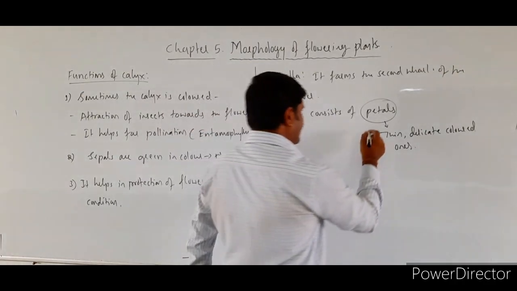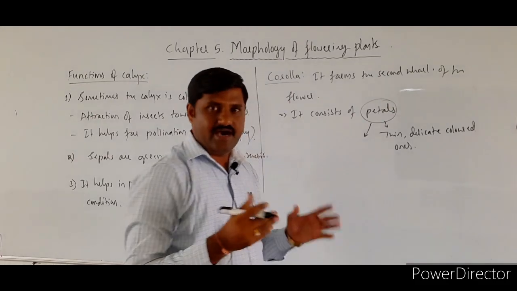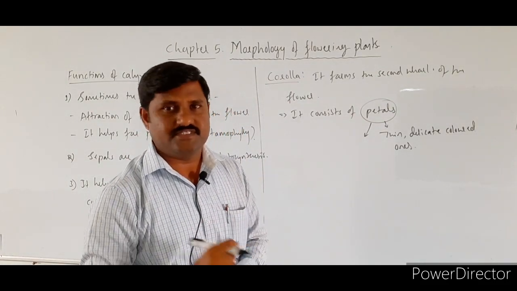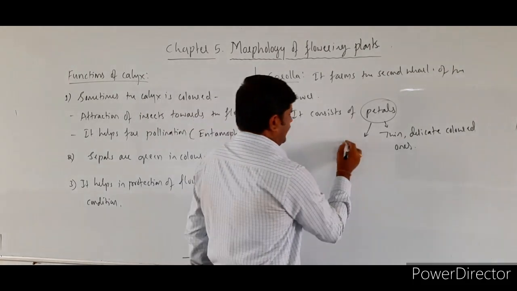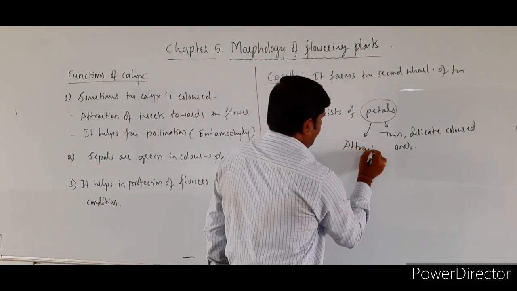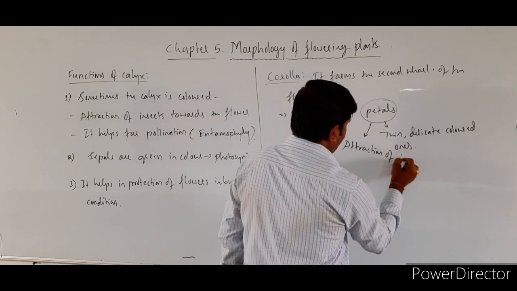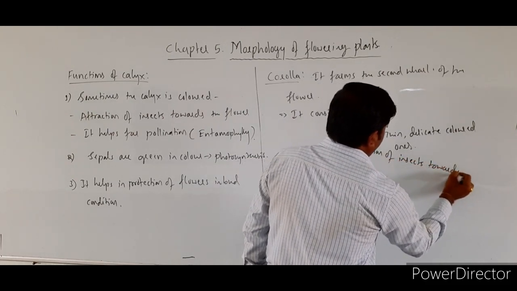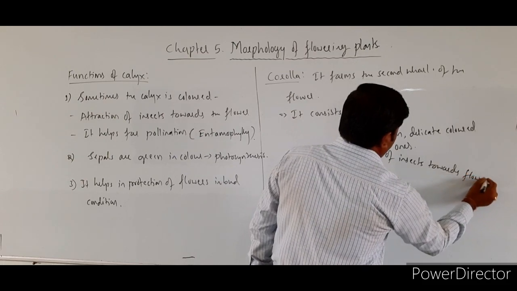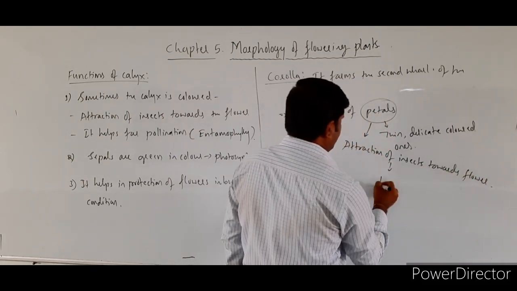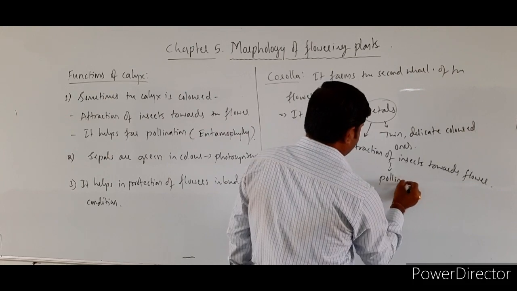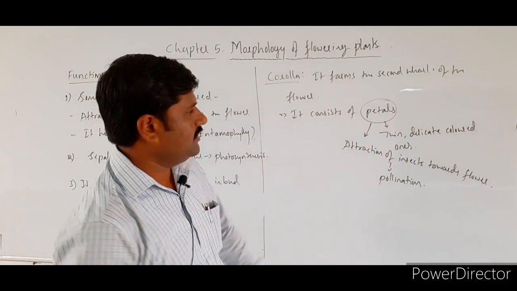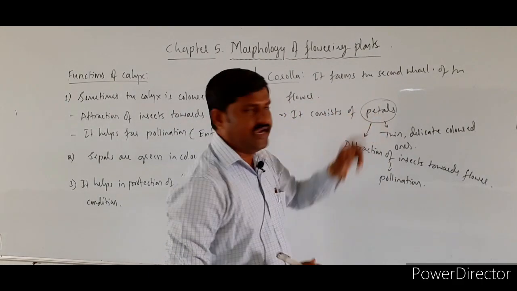So since these are colored, they also help in attraction of insects towards the flower. So that leads to what? Pollination. And these are the petals.